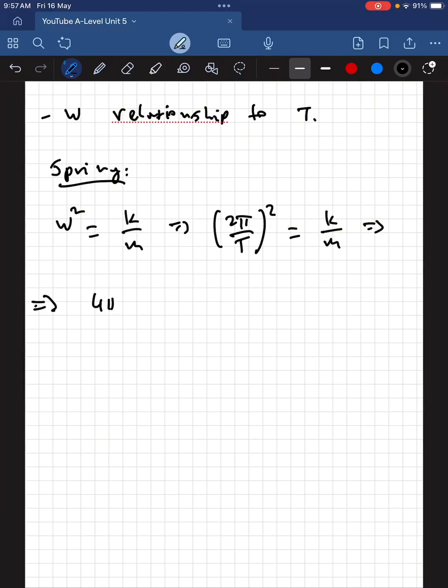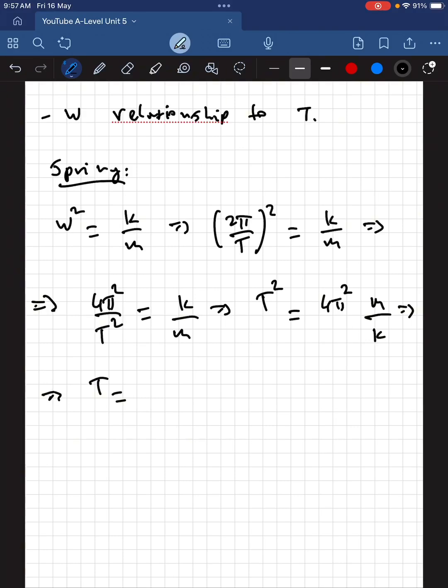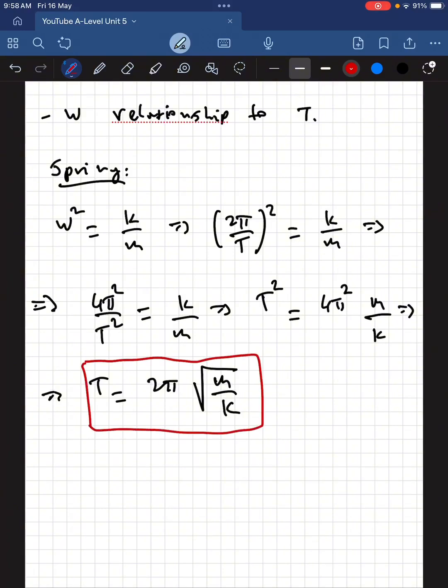So 4 pi squared over T squared is k over m. If we bring T squared to the other side, we find 4 pi squared m over k. So T is 2 pi times the square root of m over k. I think this is given in the back of the paper, but it's good to know anyway.